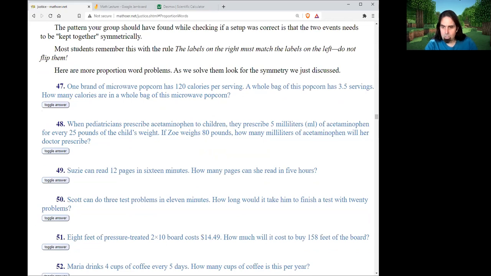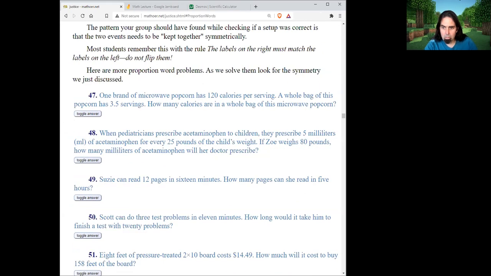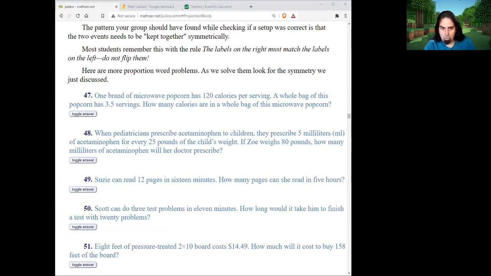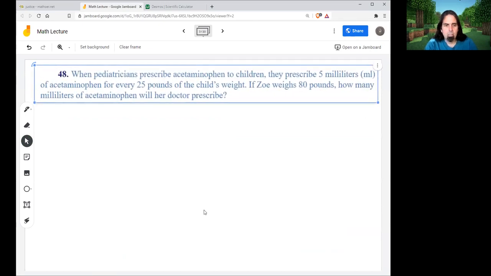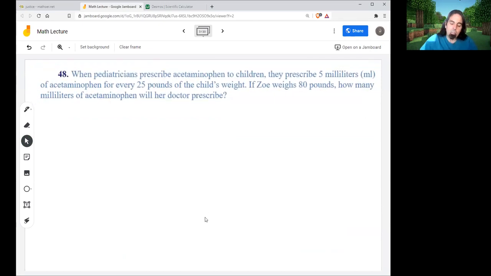I'm going to shrink this one a little bit just so I can copy it nicely. If this wasn't in the proportions chapter, I would read through it first to make sure it's a proportions problem, because maybe it's something else like a scaling problem or an area problem.